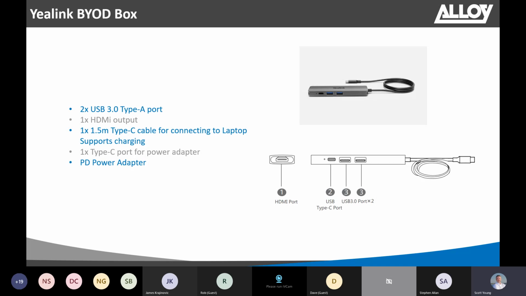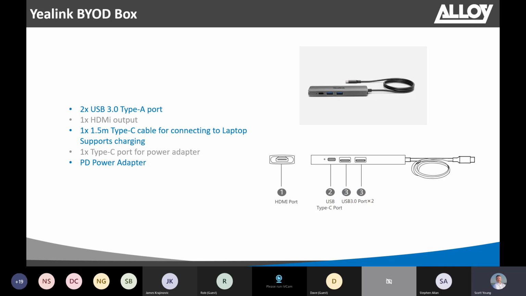So by being able to plug in via HDMI from this BYOD box to our TV, it allows us to utilize that larger TV format and then also the audio and video equipment in that room. So what the BYOD box does is it allows us to connect via a USB-C connection to our laptop and then utilize both USB and HDMI from this BYOD box.